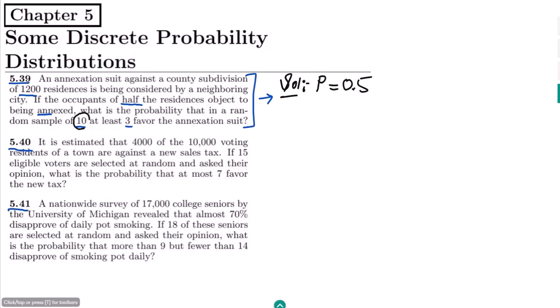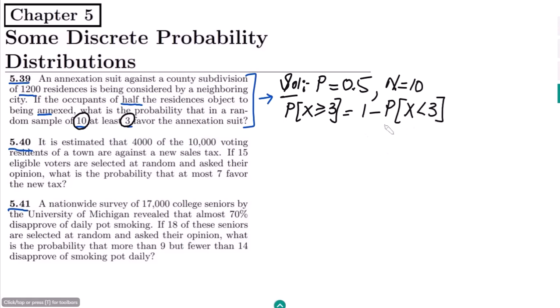We know that 10 are sampled, and out of those 10, at least 3 favor the annexation. So the number of samples is 10, and I want to find the probability that X, the people in favor of the annexation, is greater than or equal to 3. This would be 1 minus the probability of X less than 3.